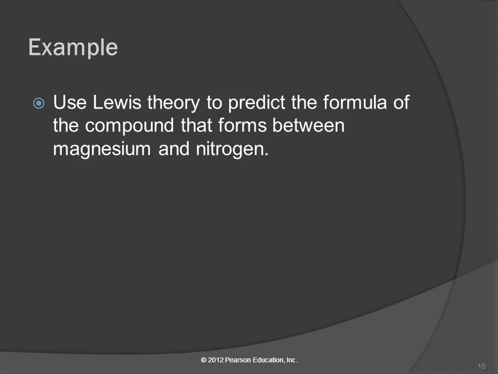Let's predict the formula for the compound that forms between magnesium and nitrogen. Well, magnesium. How many valence electrons? 2.